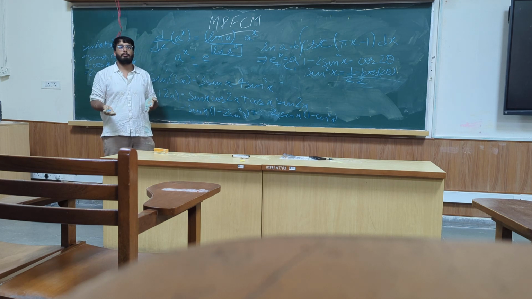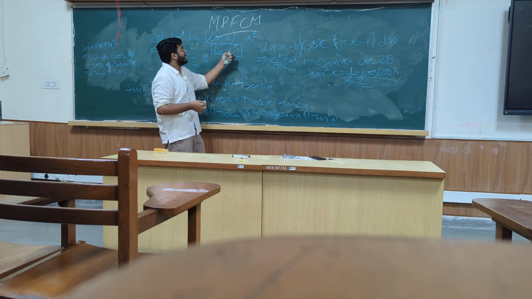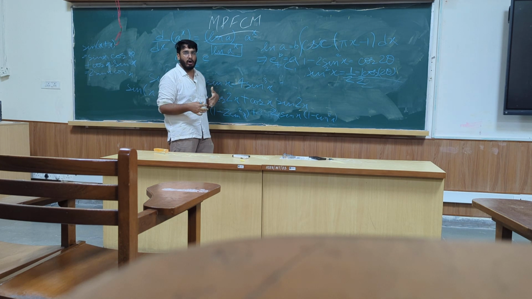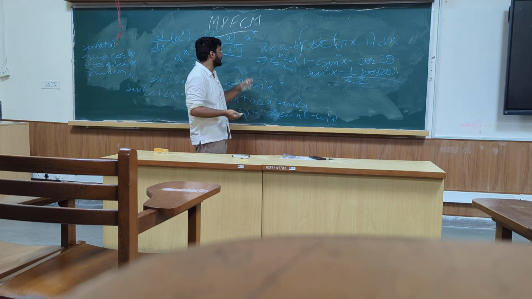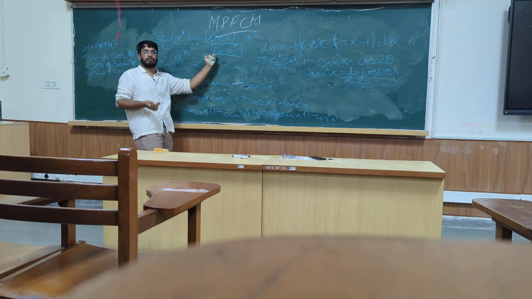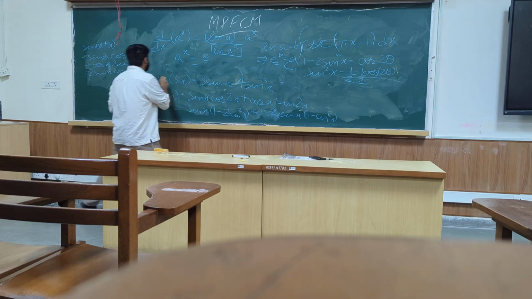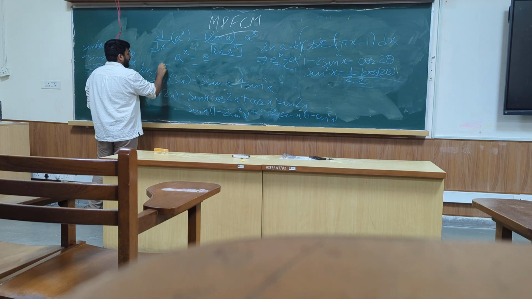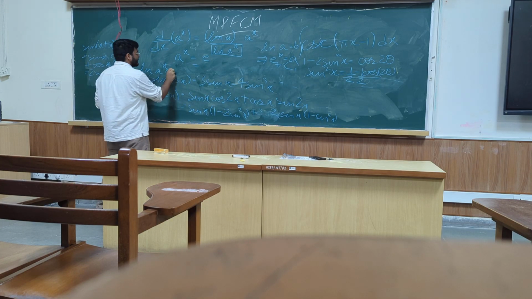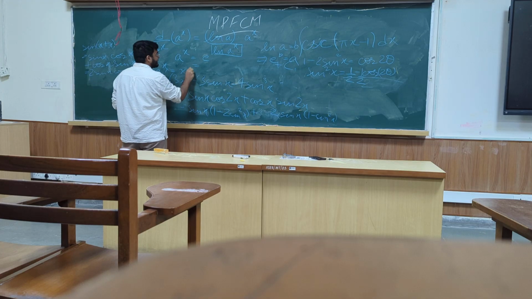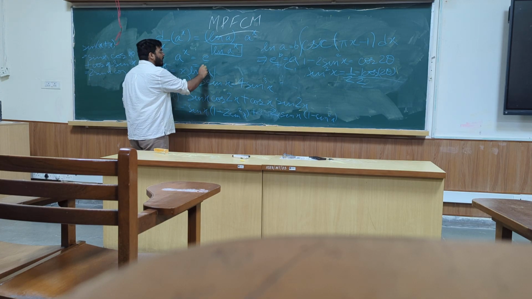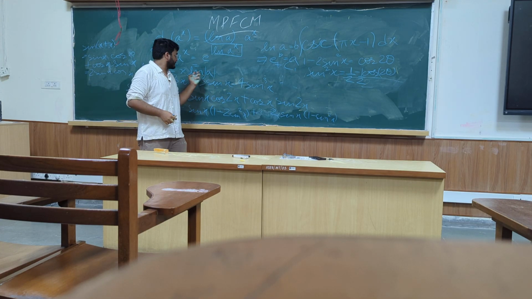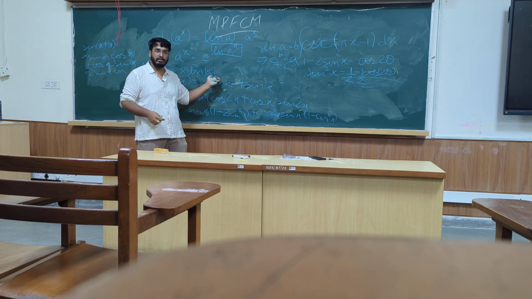Then I'll use another property. The property is that if a is a constant, or I should rather use the words positive constant, x can leap up and it can come in front. That is, ln a raised to the x can be written as x times ln of mod a, because natural log only takes in positive numbers.